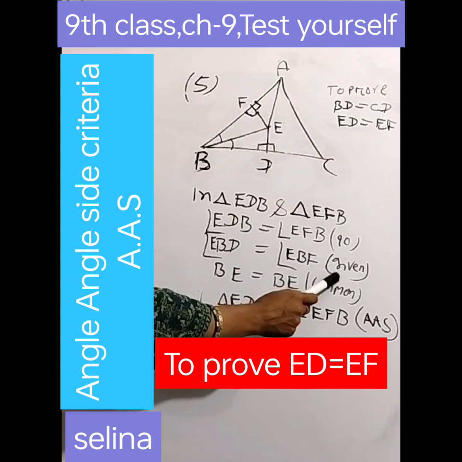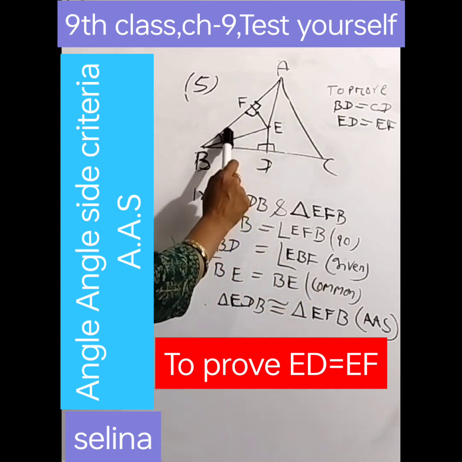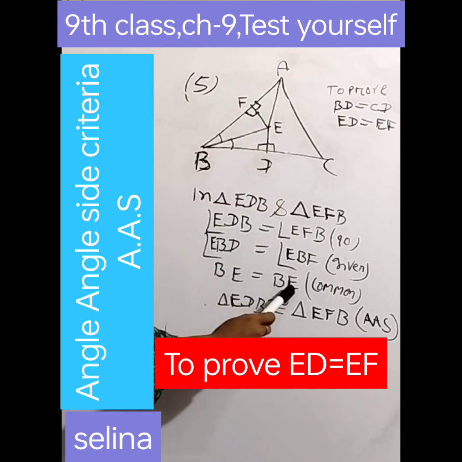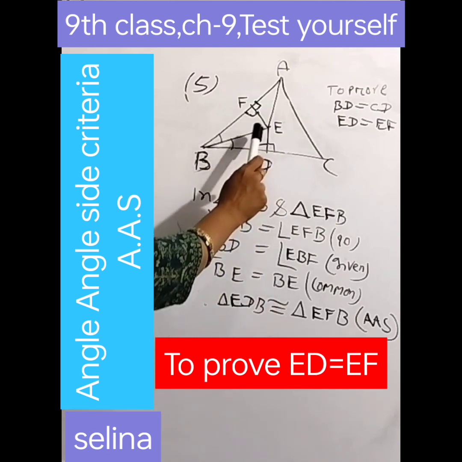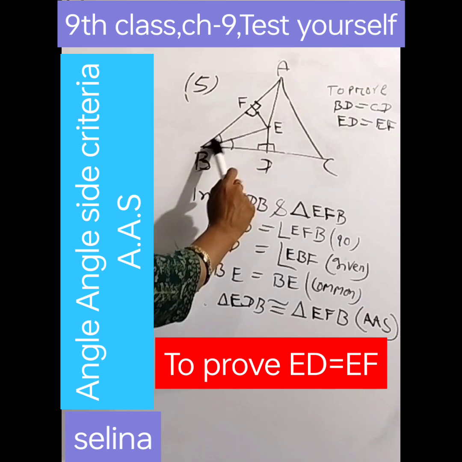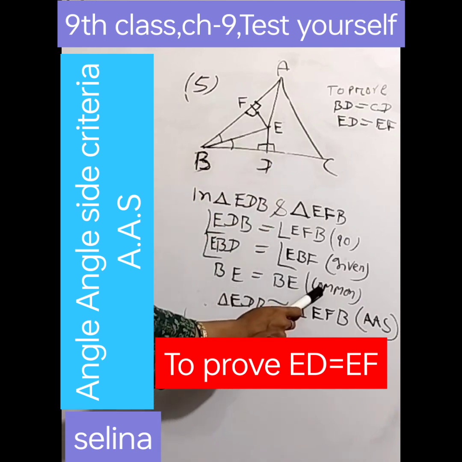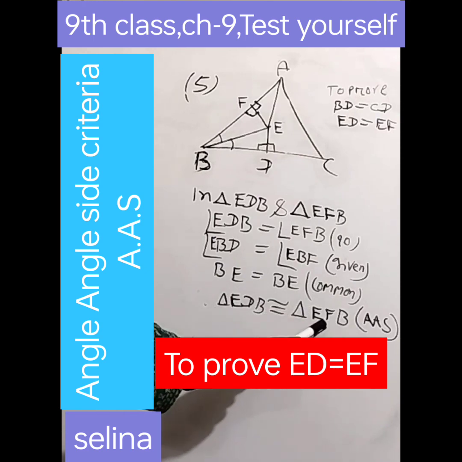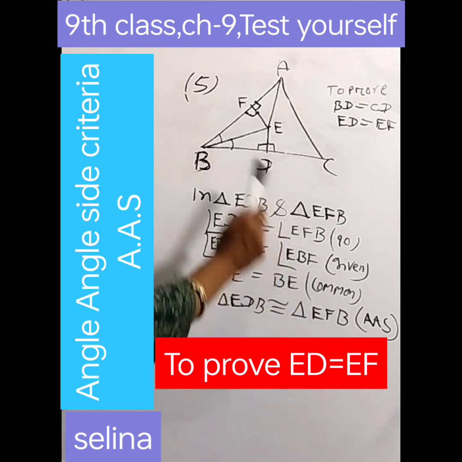This is given, so these two angles are equal. Now BE equal to BE. In this triangle BE comes and in this triangle also BE comes, so BE is common. So by angle side criterion, triangle EDB is congruent to triangle EFB.